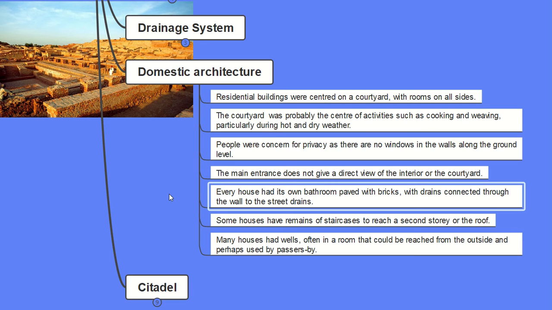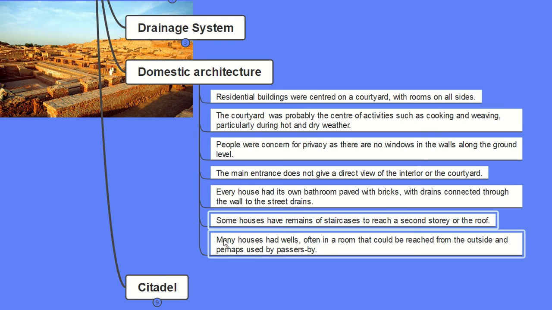Every house had its own bathroom paved with bricks, with drains connected through the wall to the street drains. Some houses have the remains of staircases reaching to the second story or the roof, and many houses had wells, often in a room that could be reached from the outside and perhaps used by passers-by.